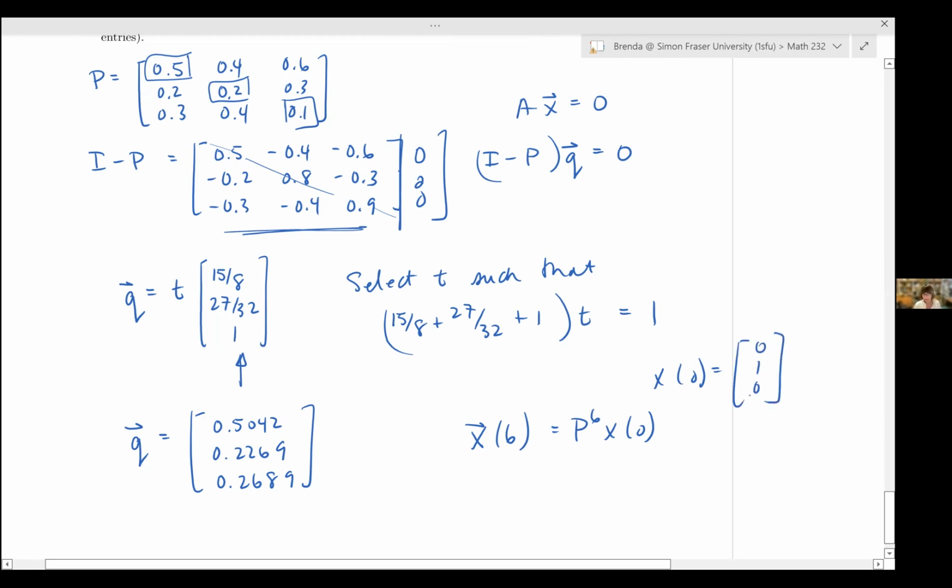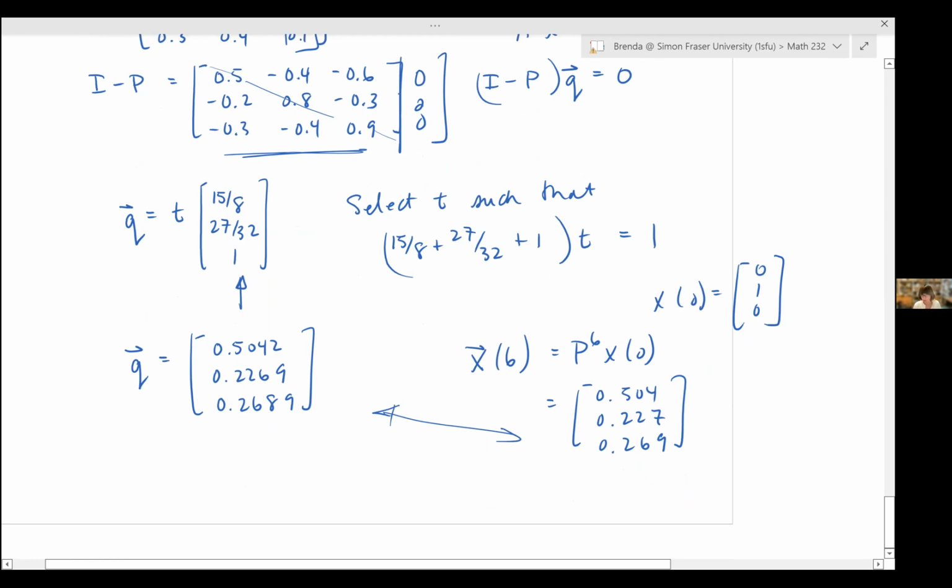Then I calculated P6 times X naught, and I found this to be equal to this. There. Okay, and it's the same, up to any sort of computational error that I may have. And these numbers here, given my value of T, can be made exact, right?